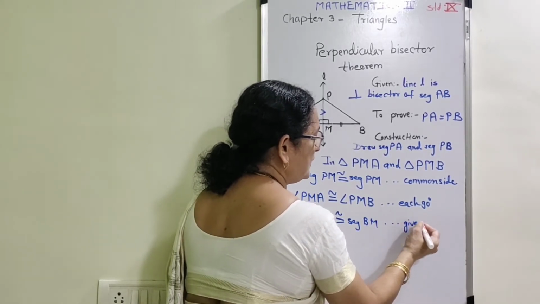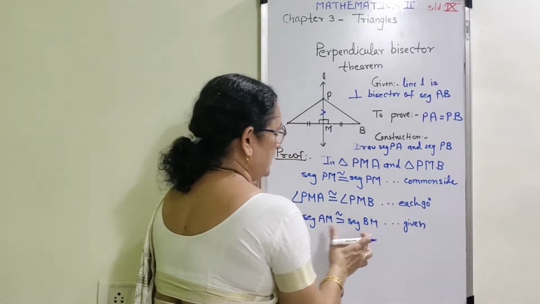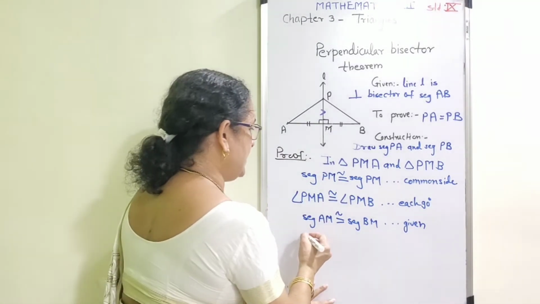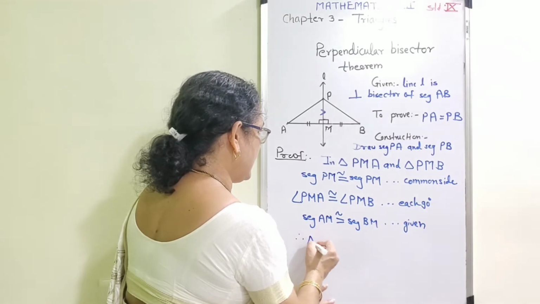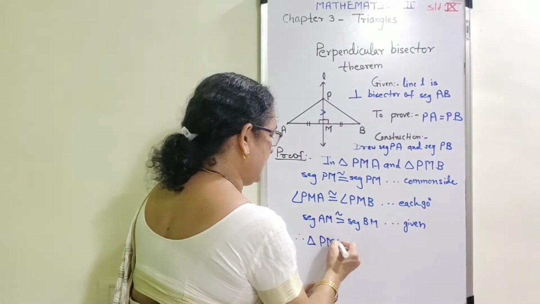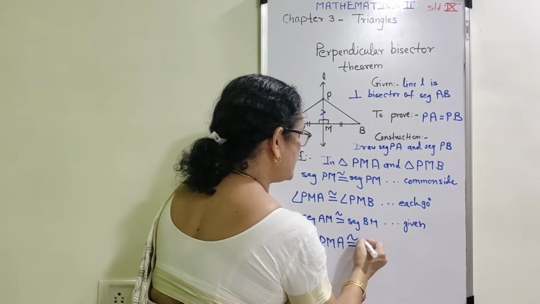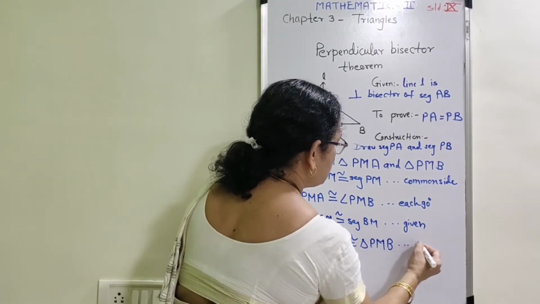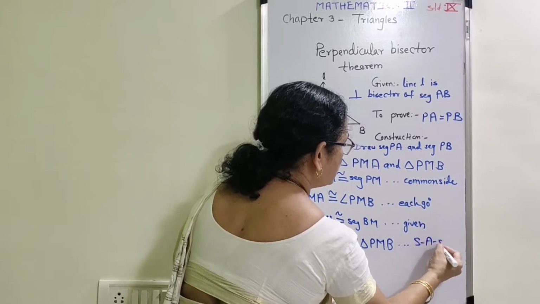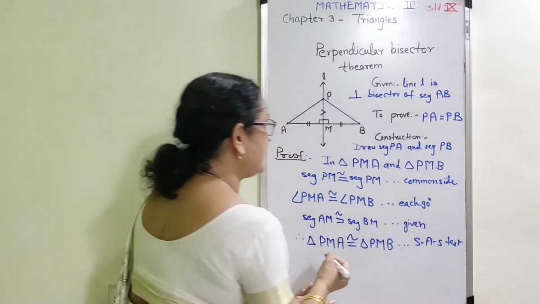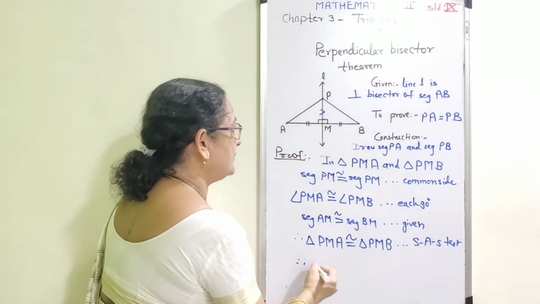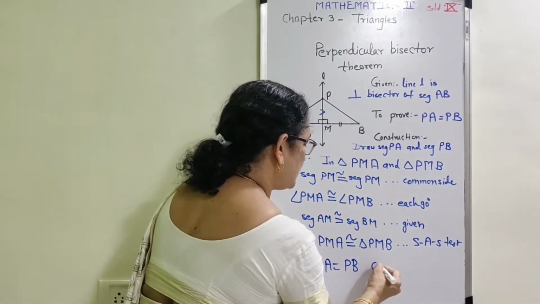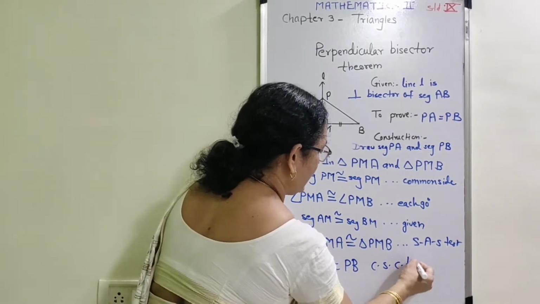Since it is a perpendicular bisector, it bisects the segment AB and therefore AM is congruent to BM, and therefore triangle PMA is congruent to triangle PMB by the side angle side test. And since the triangles are congruent, therefore PA is equal to PB, corresponding sides of congruent triangles.